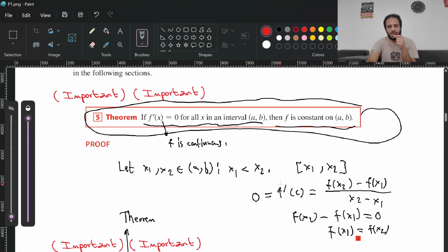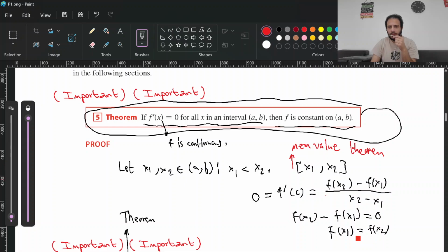So you have 0 equals f prime of c equals f of x2 minus f of x1 over x2 minus x1. This is by the mean value theorem, or Rolle's theorem? No, sorry, not Rolle's theorem. It's the mean value theorem here, because we still don't know whether f of x1 equals f of x2. We are trying to prove f of x1 equals f of x2. So here we are using the mean value theorem. Yes, good.